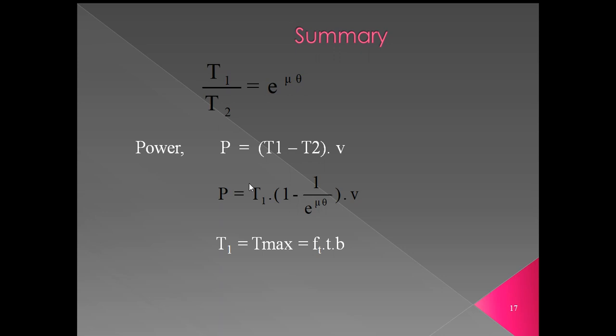P equals T1 into (1 minus 1 by e power mu theta) into V. And T1 equals T max equals Ft into the area of the belt, that is t into b. So these are the important equations.